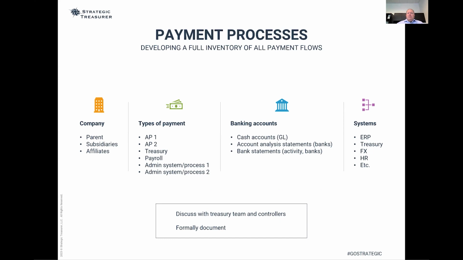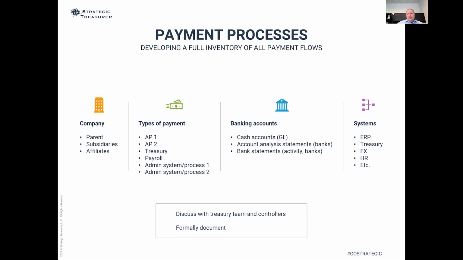So we'll move on to the payment processes. What do we mean by a full inventory of all payment flows? One thing that's interesting: we do assessments with companies on their payment security. One of the first things we do is come up with a full inventory of all payment flows. One thing that's really consistent is that most companies have 50% more to double the number of payment flows than they initially think.